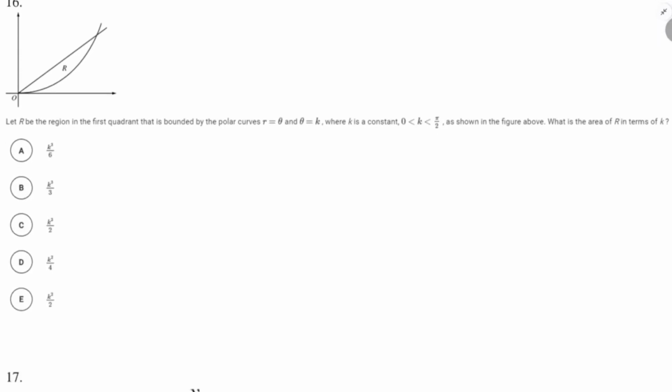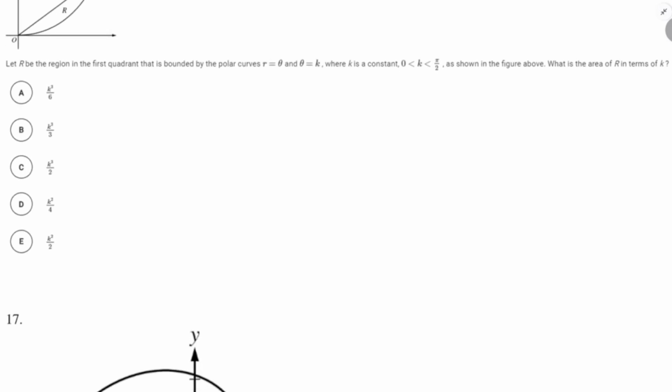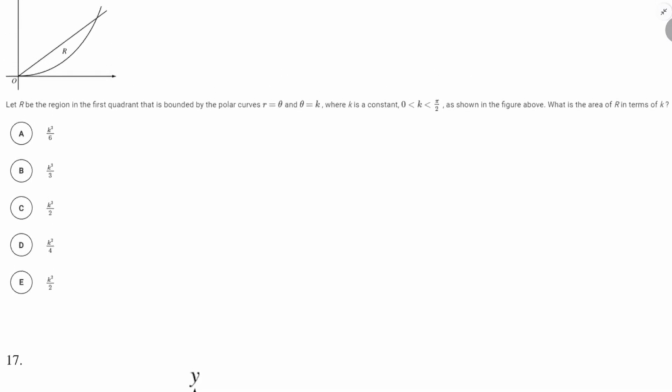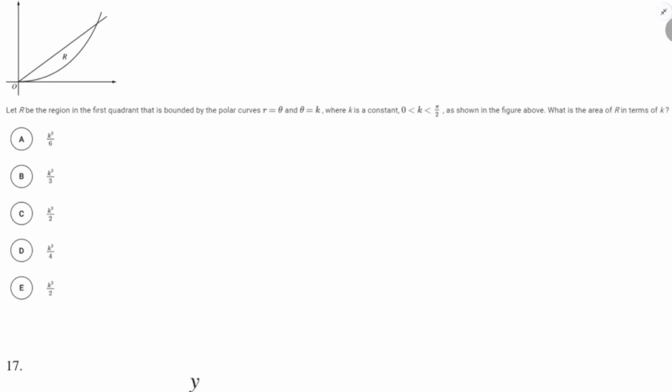Right, here's another one that we can do by hand. r equals theta and theta equals k. What's the area in terms of k? So 1/2 the integral of r equals theta, squared, d theta, from 0 to k, so we're starting with 0 and we're ending with k.